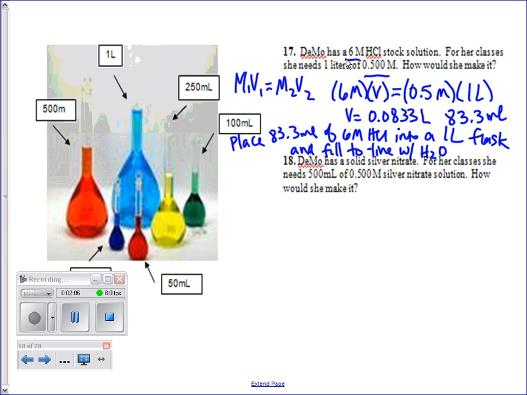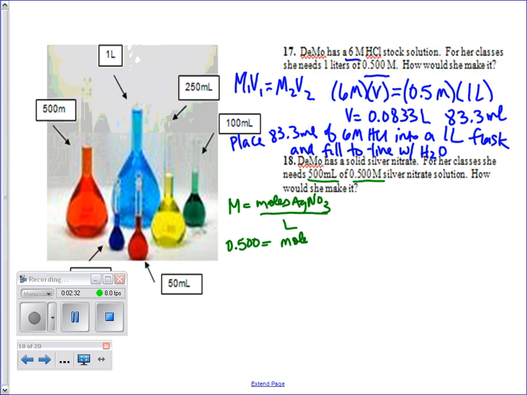All right, for number 18, 18 is another solution problem. This time we're making a solution from a solid, not from another solution. So we're just going to outright find how many grams of that silver nitrate do we need to make a 0.5 molar solution, and we need 500 mils of it. So remember, molarity is equal to moles, in this case, of silver nitrate over liters. We do have the known molarity.